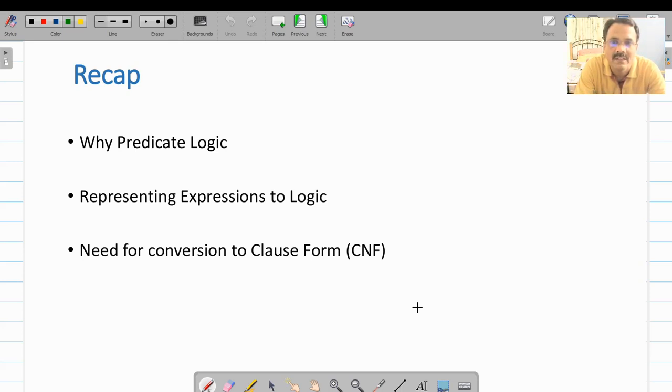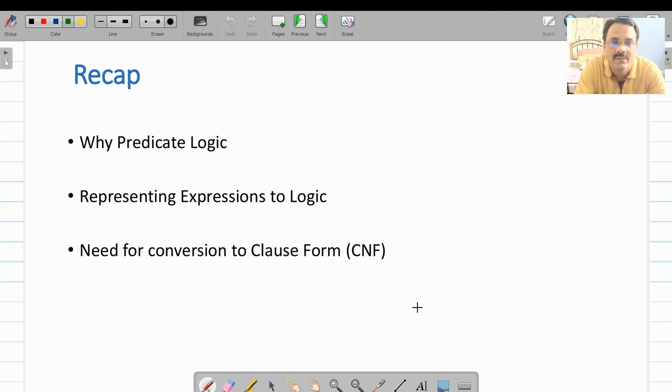Now, why is there a necessity to convert these statements which are in predicate logic form into CNF? Today we will discuss the set of steps which you will have to carry out on every English language statement, that is fact, so that you can convert it into the clause form.